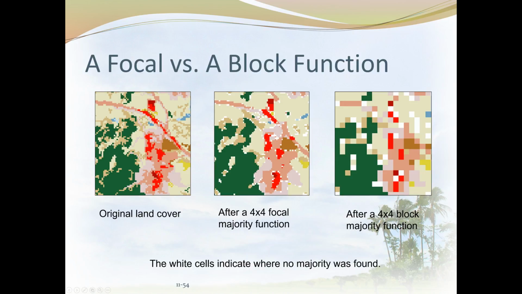So let's summarize. It's a little difficult to compare these, so two types of neighborhood functions are used: block and focal functions. The focal function centers the window on a cell called the target, calculates the statistic for the neighborhood, assigns the value to the target cell, and then repeats the process at the next adjacent cell.